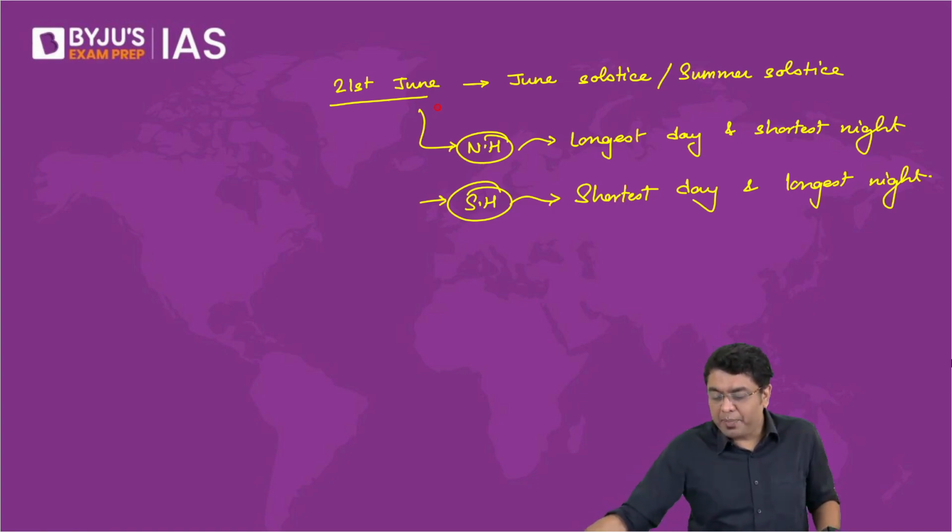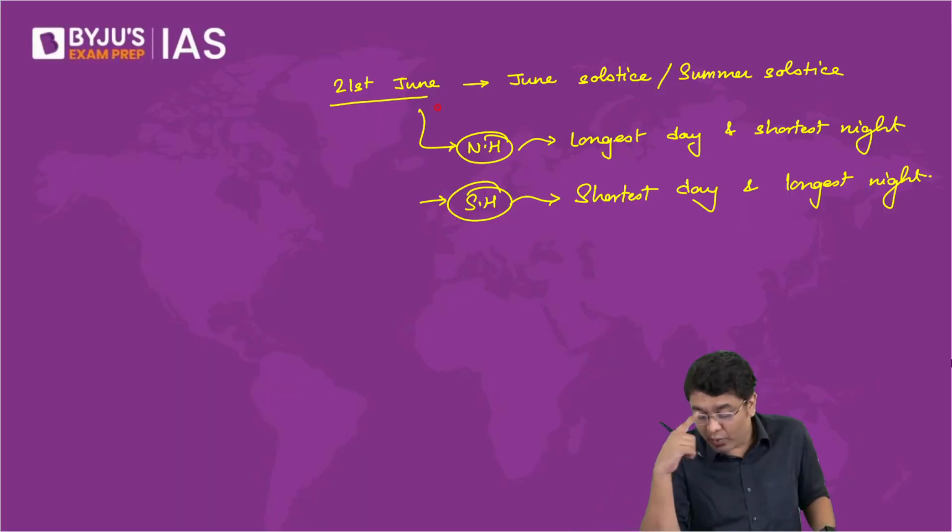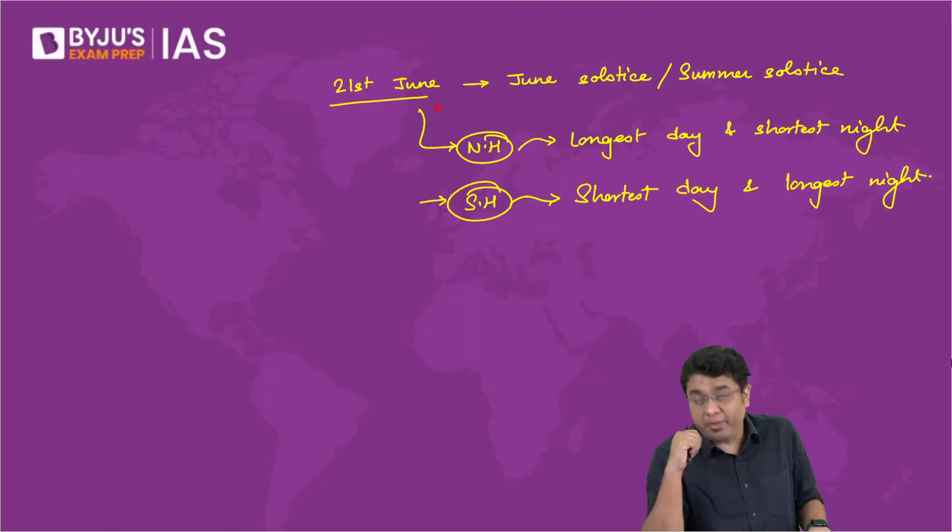Javeria, in London, people are experiencing heat waves now. What is the reason? I had the same question from Ghulam Mustafa as well: why is Europe experiencing heat waves? First of all, how many of us here right now have an idea about heat waves?